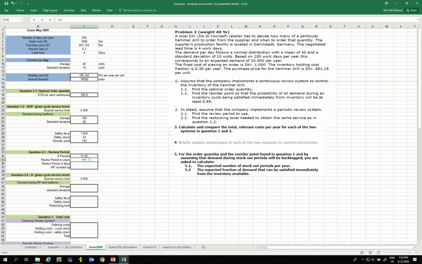So 1 divided by the number of periods or cycles will give us the review period, or reorder period, in years, and then I can convert it to days, because I know each year is 250 days, so the review period is 8 days, and I need to round it up in order to get the final review period.